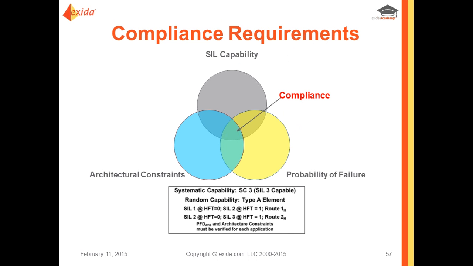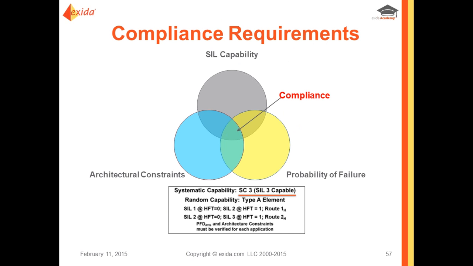Great. Random capability, you can see this is a type B element. Okay, you now know that it is a smart device. And you can see here, SIL 2 at hardware fault tolerance 0, or SIL 3 at hardware fault tolerance 1, using route 1H. So that means that they use the safe failure fraction.